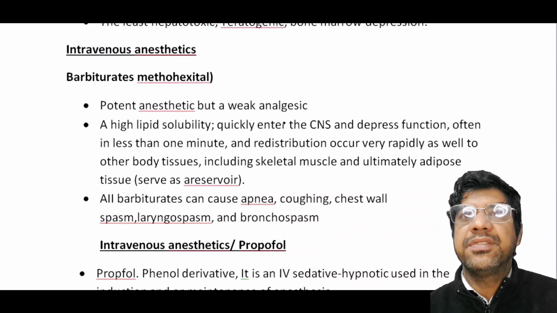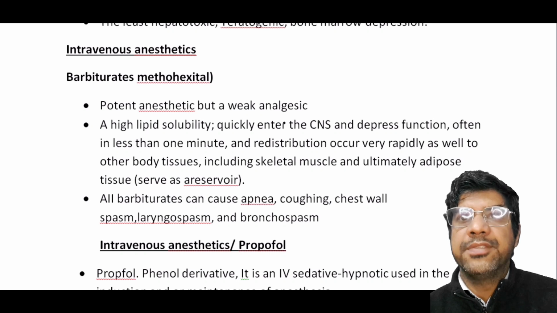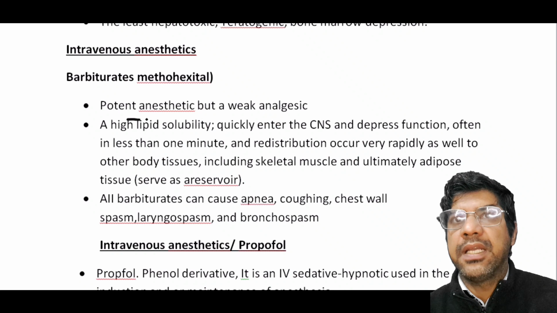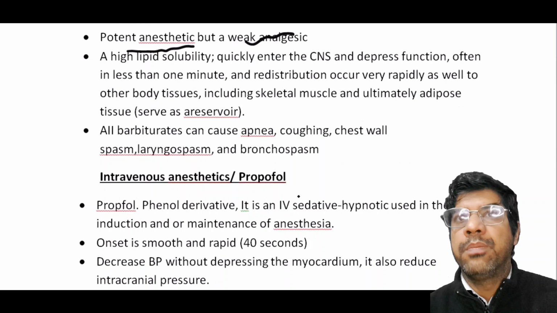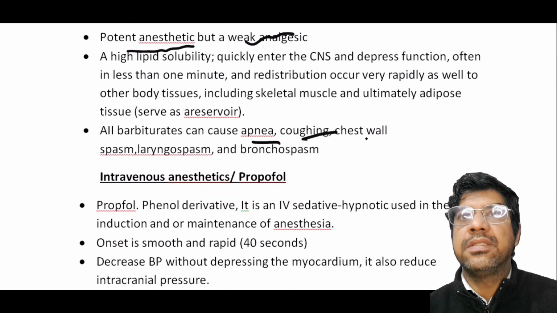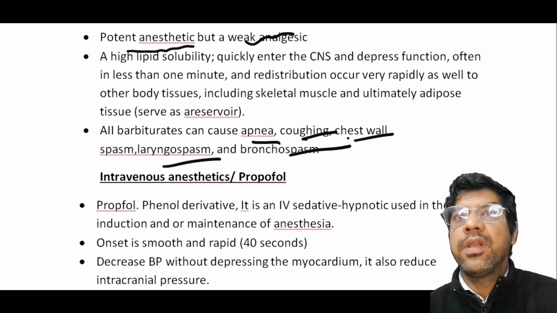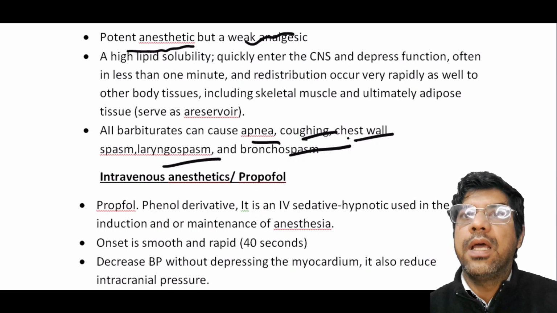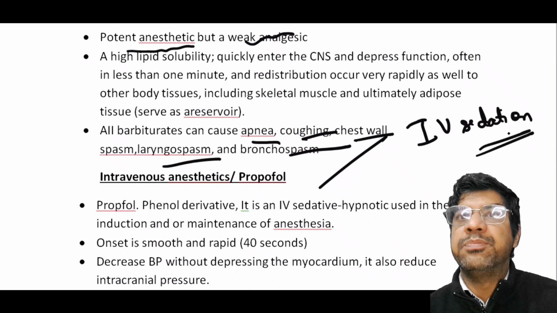The intravenous anesthetics, for example, are the barbiturates. They are potent anesthetics but weak analgesics. Remember, all barbiturates can cause apnea, coughing, chest wall spasm, laryngospasm, and bronchospasm. Other is propofol. Propofol is derived from phenol, and it is used IV for sedation. It has a rapid and smooth onset, usually taking around 40 seconds.